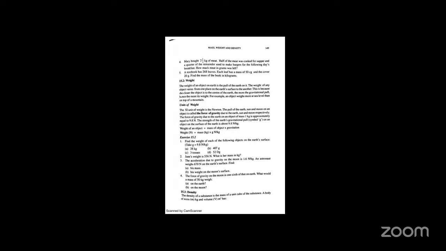And then you are able to determine how to convert from one unit of mass to another, whereby we gave a table which you can use to convert those units.